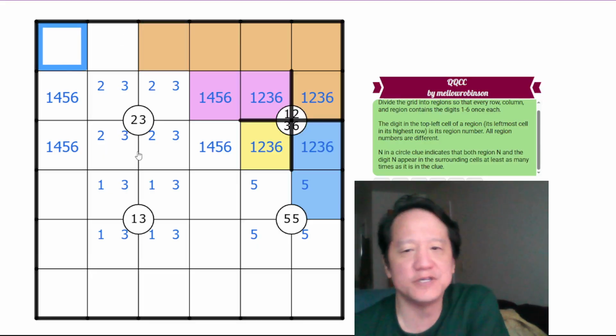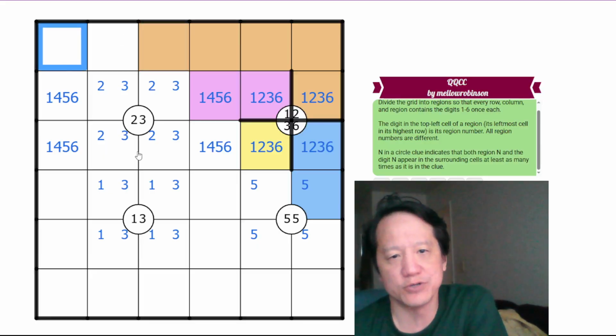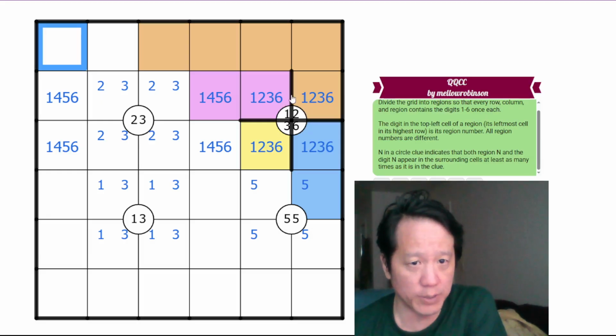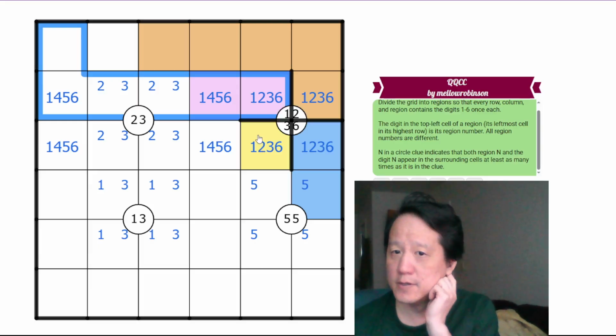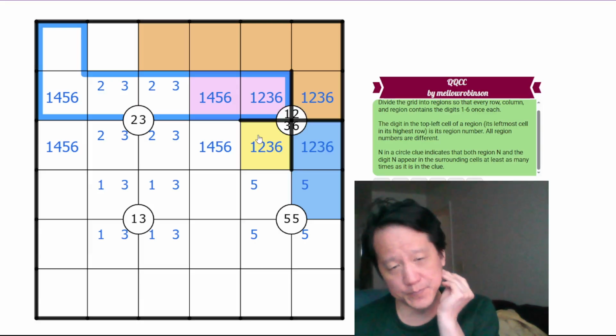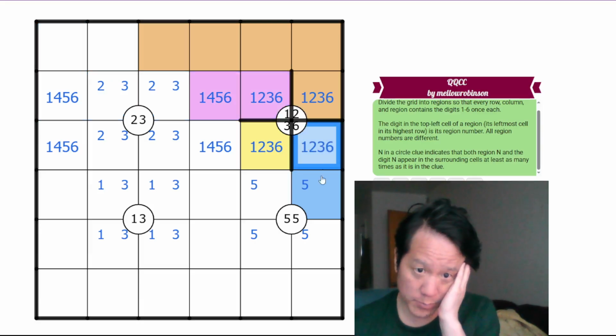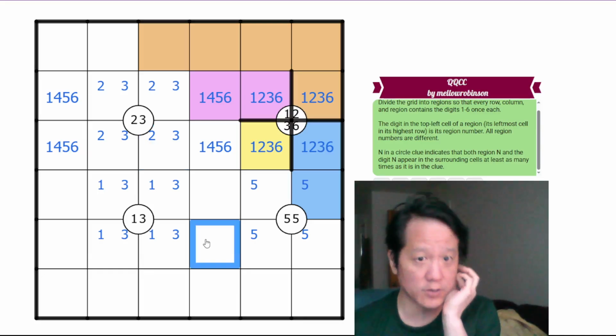We know this has to be a region number, but we don't know whose region number. It could be pink. That could certainly be the case. Blue can never get to here.